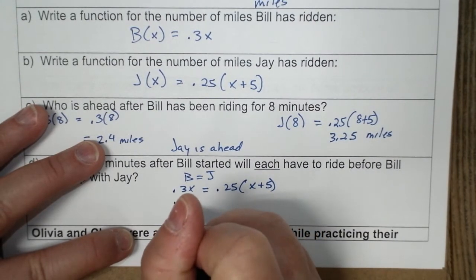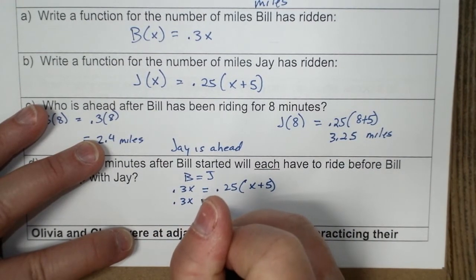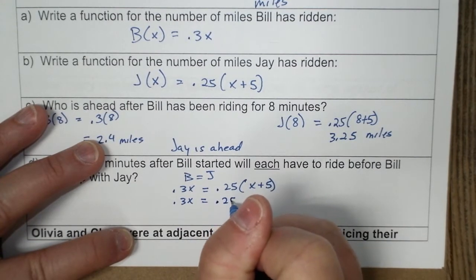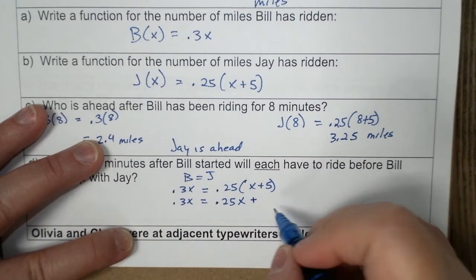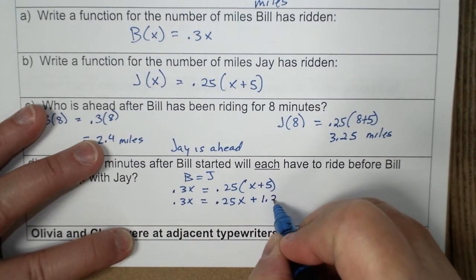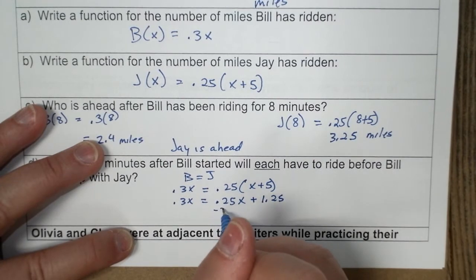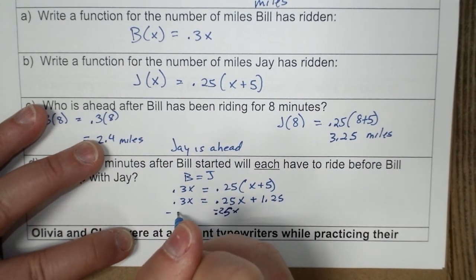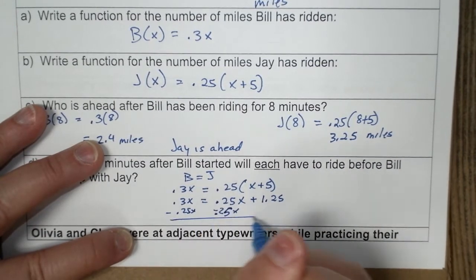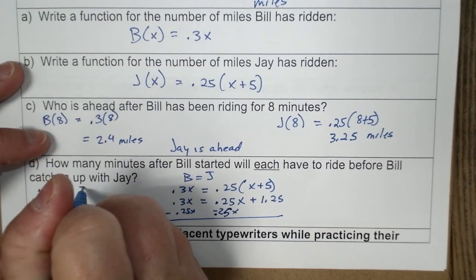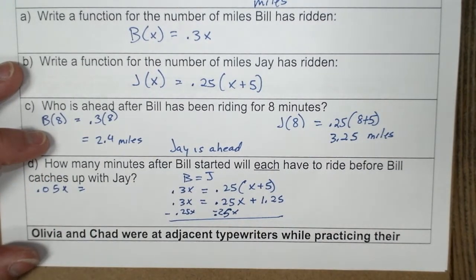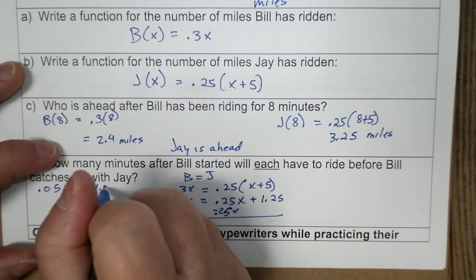And so 0.3x equals, I distribute the 0.25 to the x, and I distribute it to the 5. I subtract 0.25x and subtract 0.25x, and I'm going to come over here, and 0.05x equals 1.25.